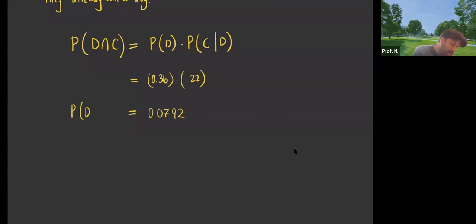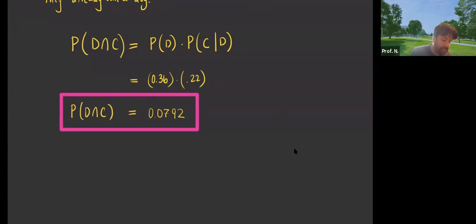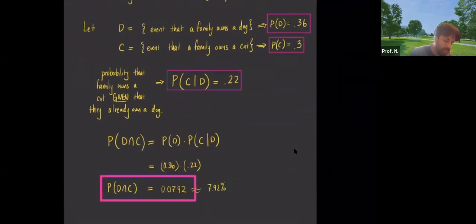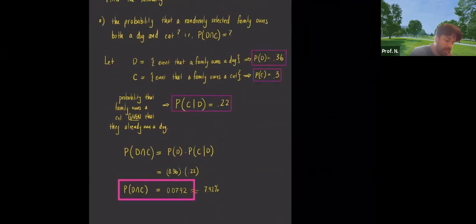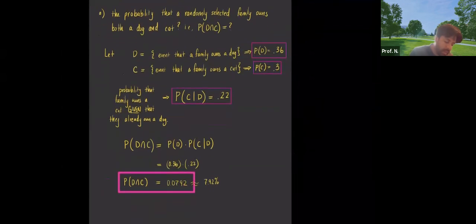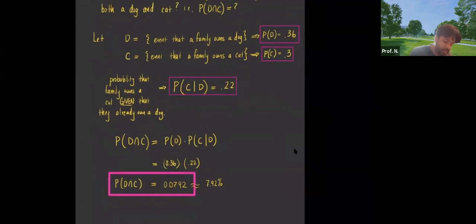The probability that D intersects C is equal to this probability, which is approximately 7.92%. So 7.92% of all families own both a dog and a cat. Okay, that's what that means. So that's part A.